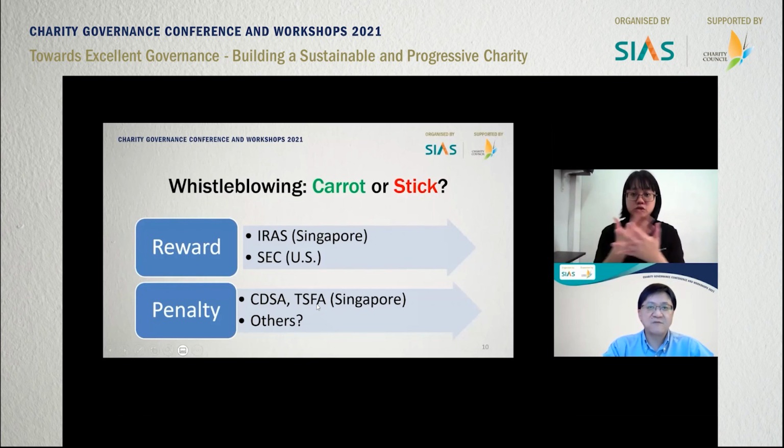That's how seriously we view anti-terrorism financing. I'm sure globally there are many other types of schemes, and probably the one working well would be the penalty. But of course, with the exception of the SEC, but then it comes with a tremendous cost to the government.